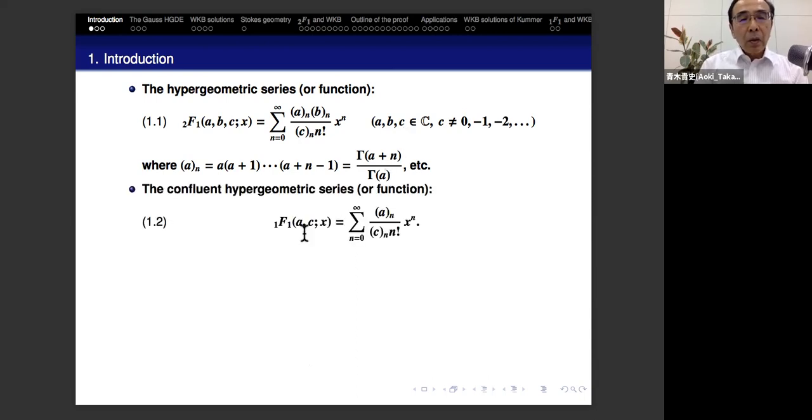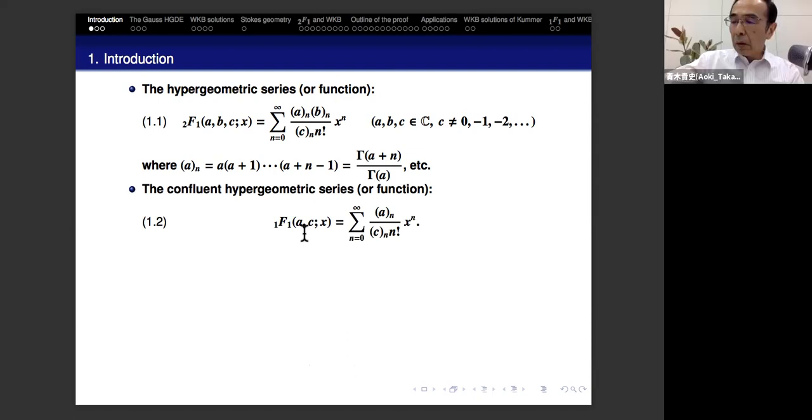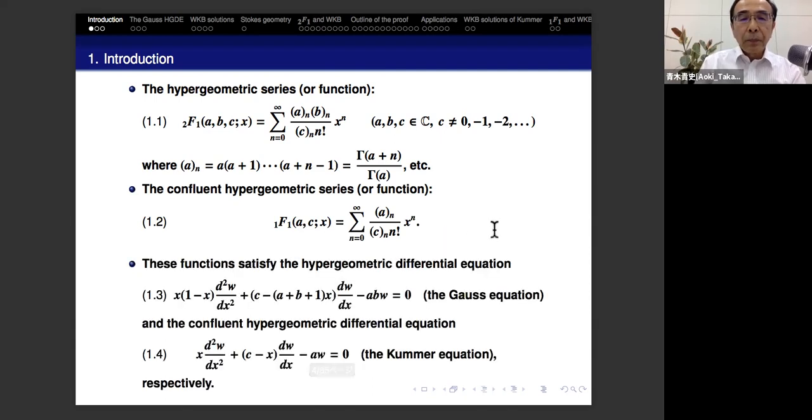And also, you know very well about the confluent hypergeometric series or function. These functions satisfy the hypergeometric differential equation or Gauss equation, and the Kummer equation, respectively.